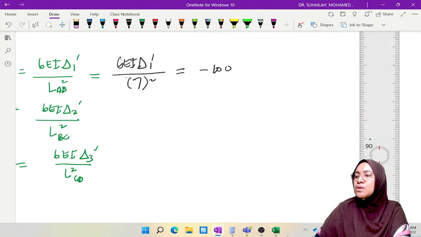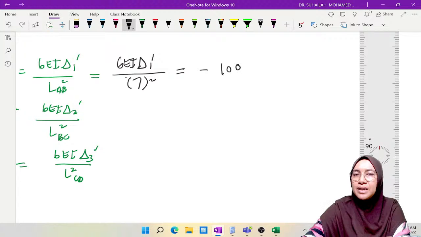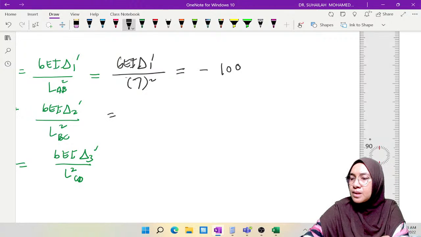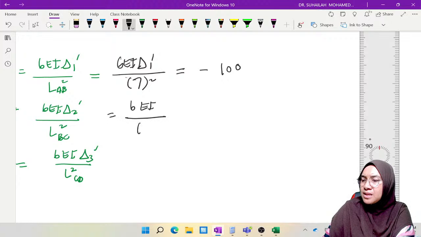Okay, I want to show you the easiest way to do this. 6 EI, the second one is equal to 6 EI over L, which is 6 square.